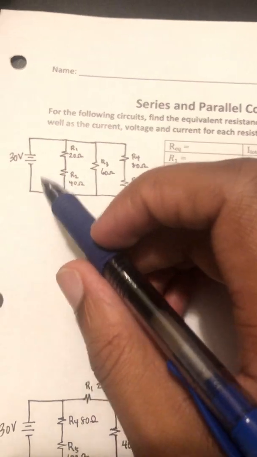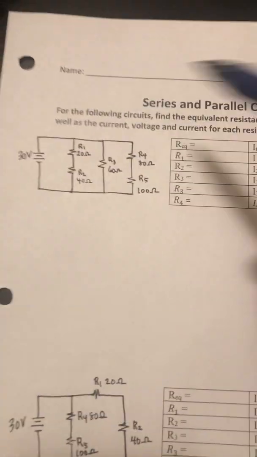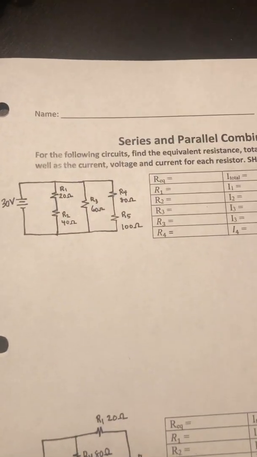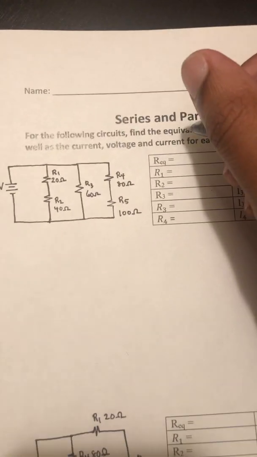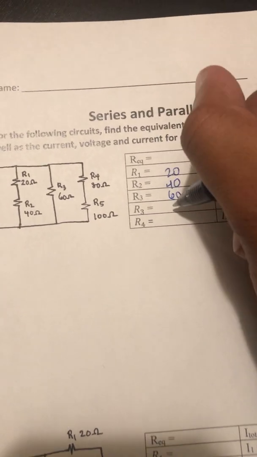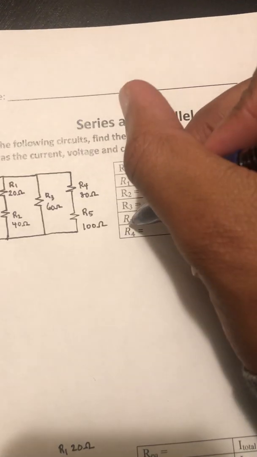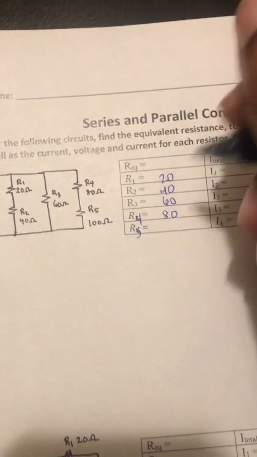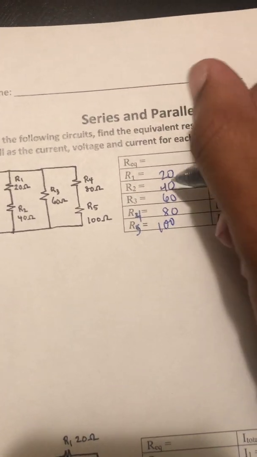All right, so I have my circuit, a series parallel combination. Let me start off by adding all my resistors in. So R1 is 20, R2 is 40, R3 is 60, R4 is 80, and then R5 is 100.